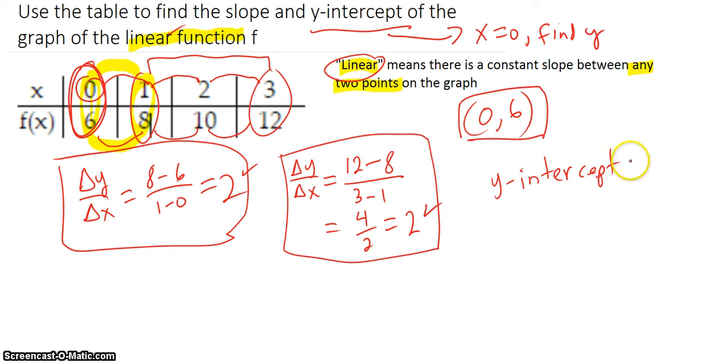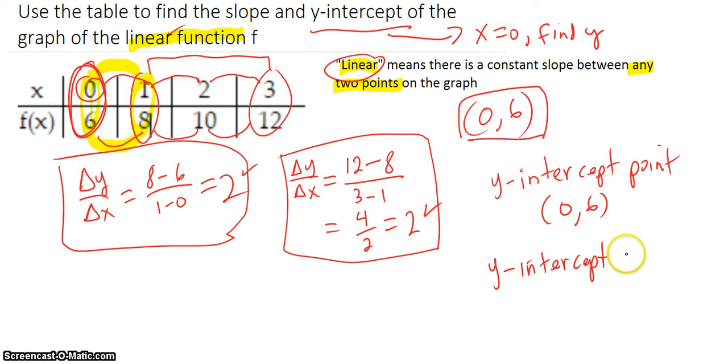The intercept point is (0, 6). You could say also the y-intercept is just the 6, the actual y-coordinate. You could say either one of those two.